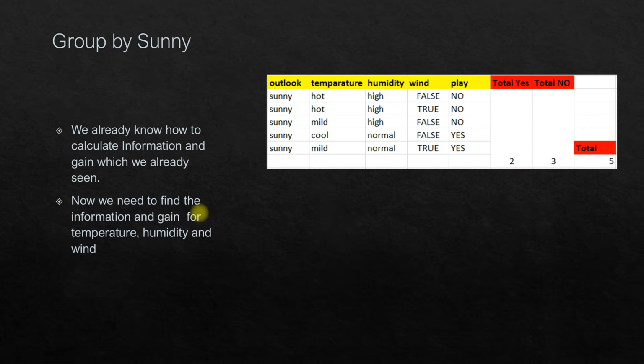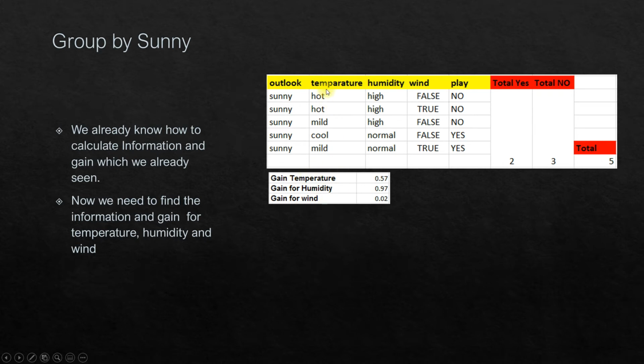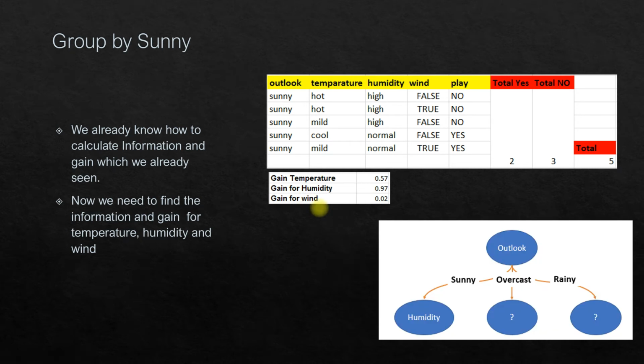Take the temperature and find how many yes and how many no, then apply those values to the formula and this is what we get. I do similar steps for temperature, humidity and wind, and if you see, the gain of humidity is high.